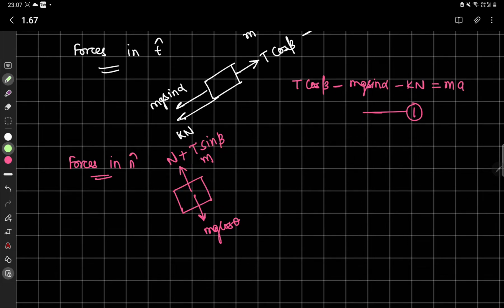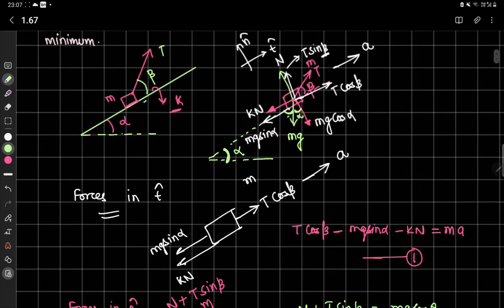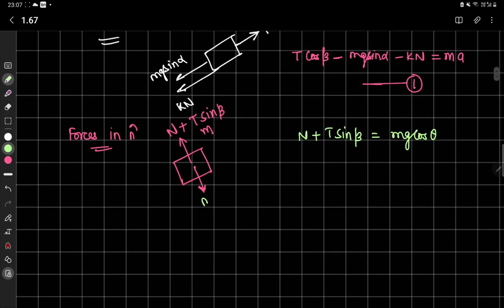We can write N plus T sin beta equals mg cos alpha. So from here, N equals mg cos alpha minus T sin beta. This is our second equation.